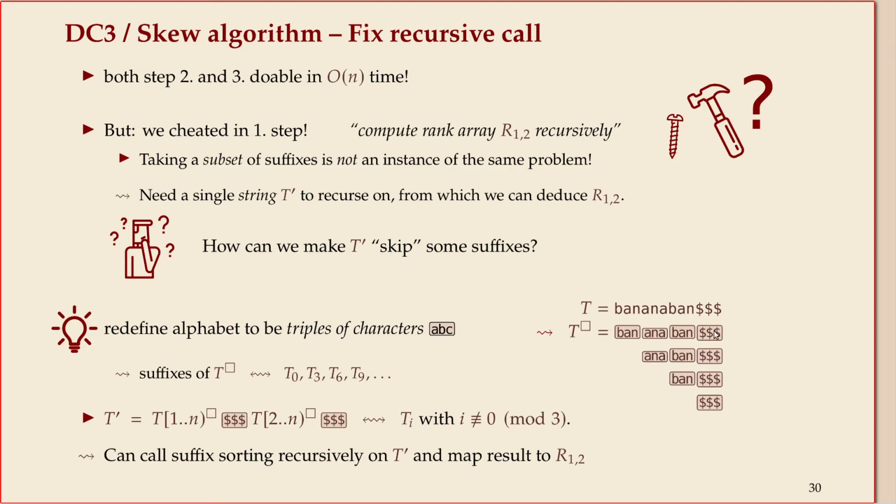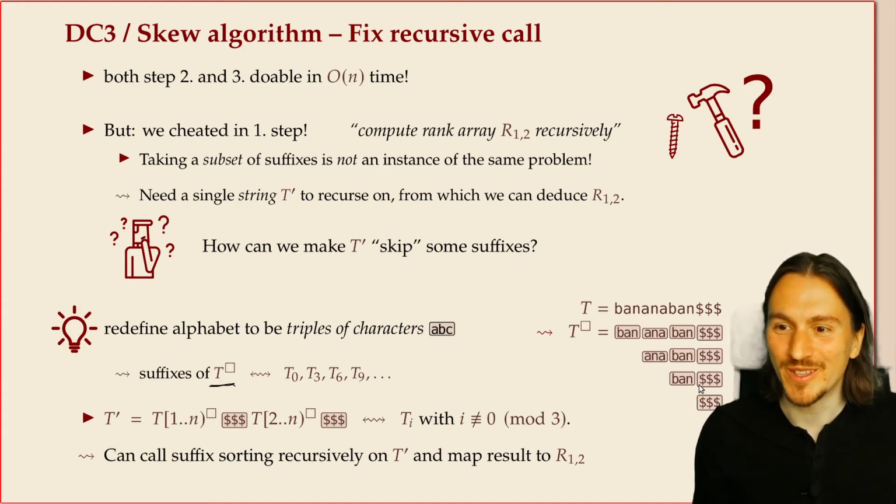If you take the suffixes of this T box, then these are exactly the original suffixes that start at a multiple of 3. Because the suffixes of this thing start with everything, and then the next thing leaves out the first 3 characters, then the first 6 characters omitted, and so on. Okay. So I hope that's the easy part.